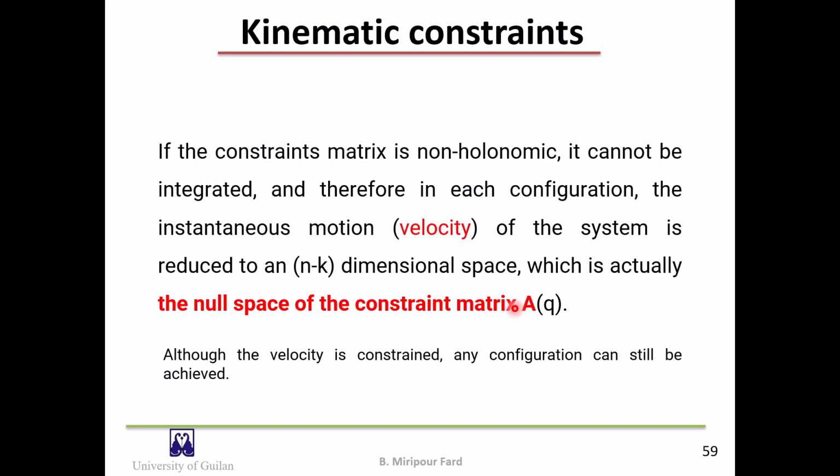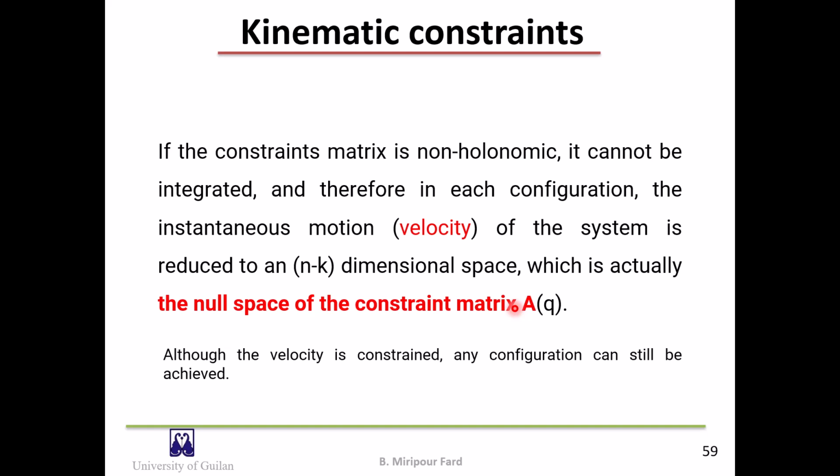Let's sum up the results so far. If the constraint matrix is non-holonomic, it cannot be integrated, and therefore in each configuration the instantaneous motion or velocity of the system is reduced to an n minus k dimensional space, which is actually the null space of the constraint matrix A of q.